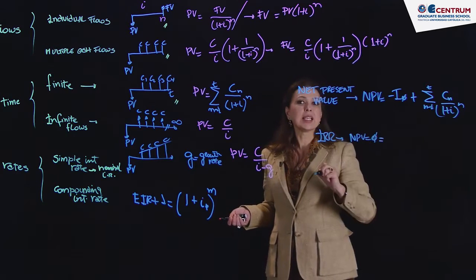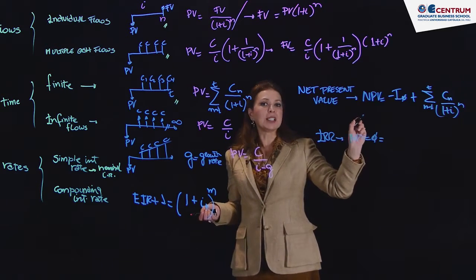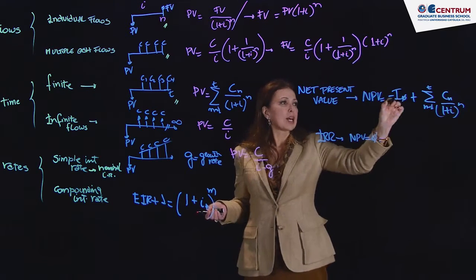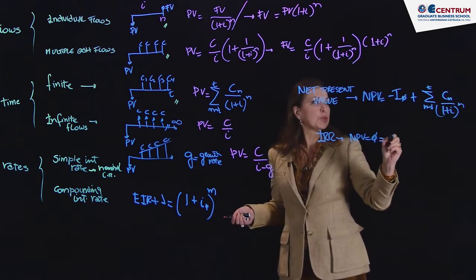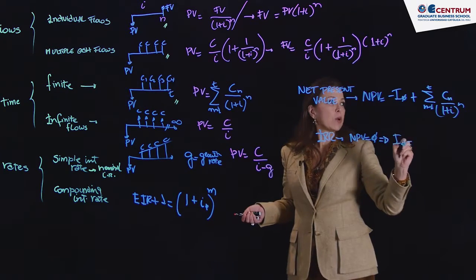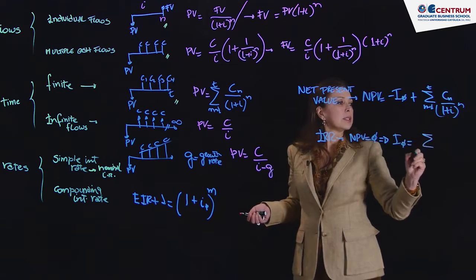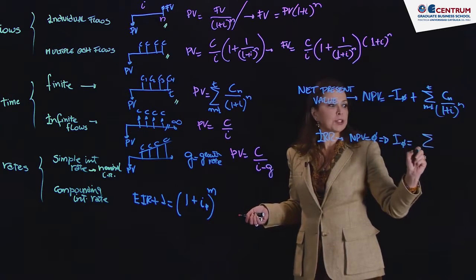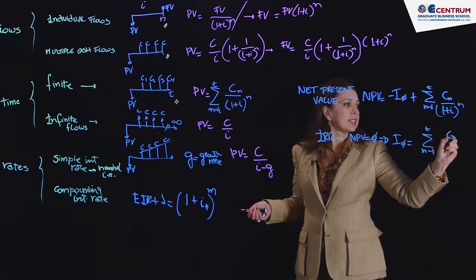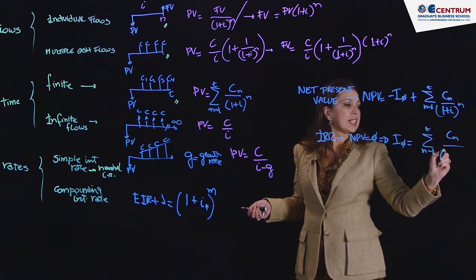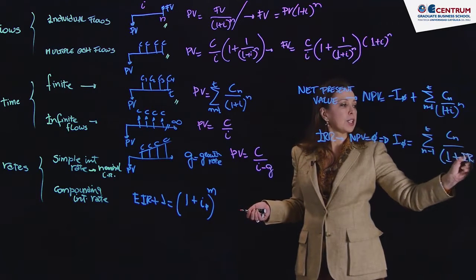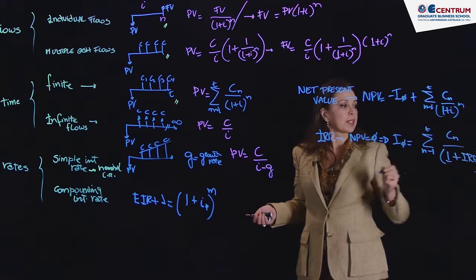So in this case, what we are going to find is that I. If we use that formula, the initial investment will be equal to the summation notation n from 1 to T of Cn, and in this case, this I is going to be the internal rate of return.